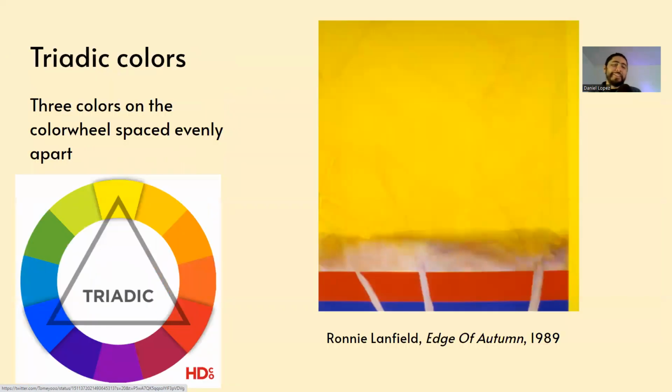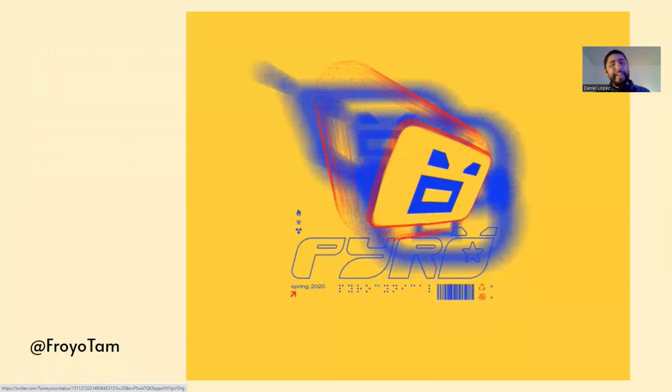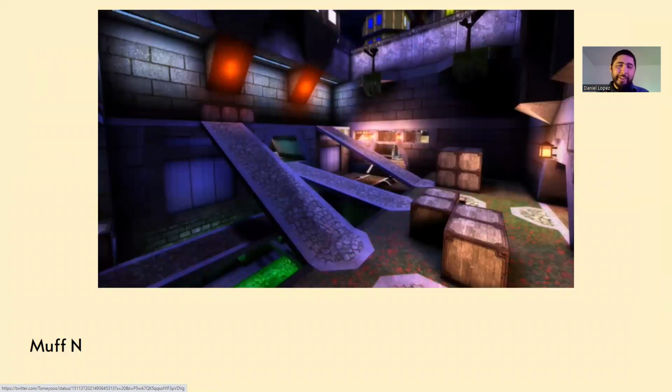Triadic colors are not seen very often because it's really intense. I have a really hard time finding images with triadic colors, but yeah, they're spaced evenly apart. These are all three primary colors. Oh yeah, here's another example of three primary colors, or in this case, secondary colors, which is even harder to find, combining green, purple, and orange, which are spaced evenly apart.